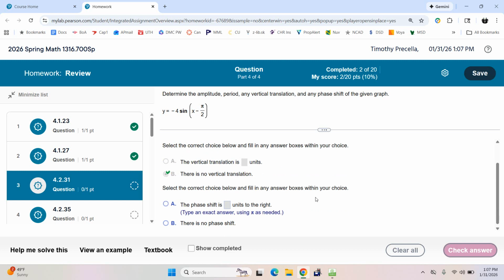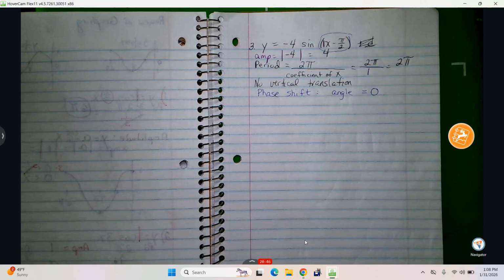And now the phase shift. The phase shift is the horizontal translation. To get the phase shift, what I like to do is just take the angle, which is whatever comes after the trig function, set it equal to 0, and solve for x.